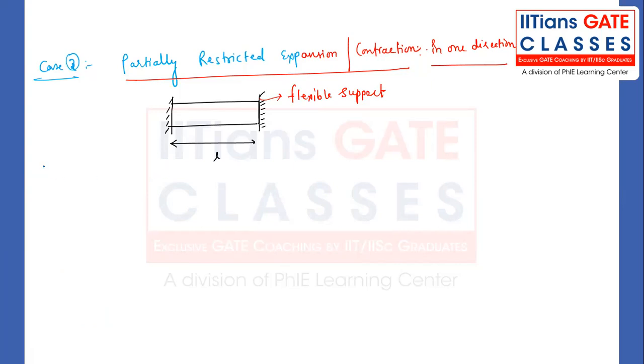Now, again, we're going to use the superposition principle, my dear friend. So the very first thing, what will happen? Now, try understanding. We're going to put the material, and we are saying that this flexible support has been displaced by lambda amount.